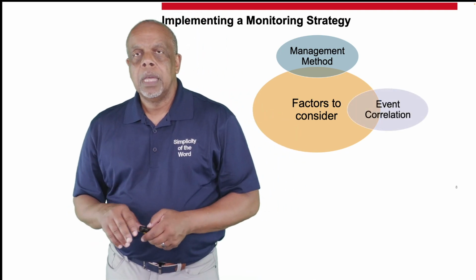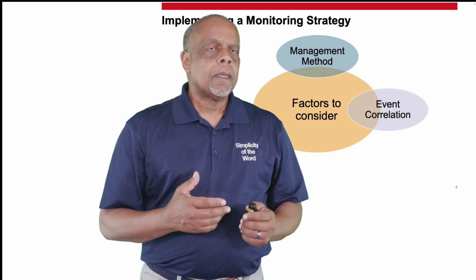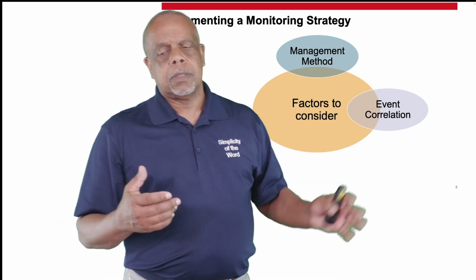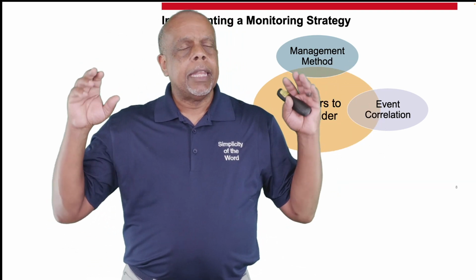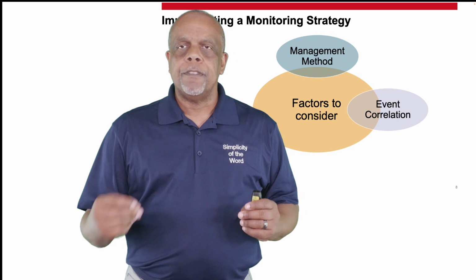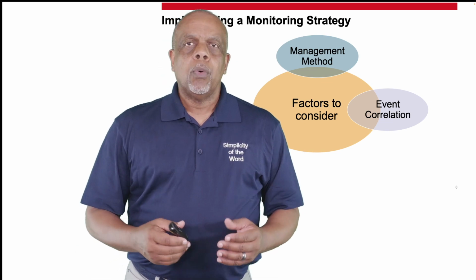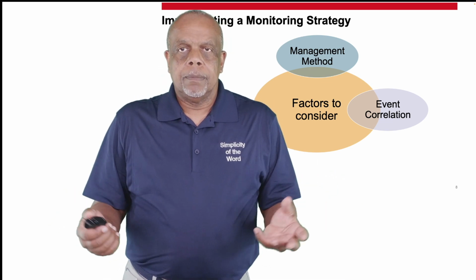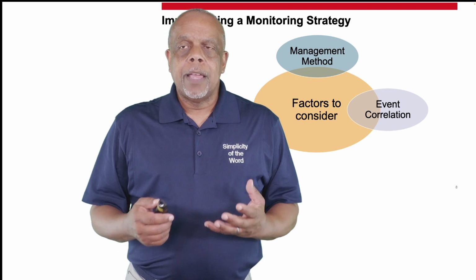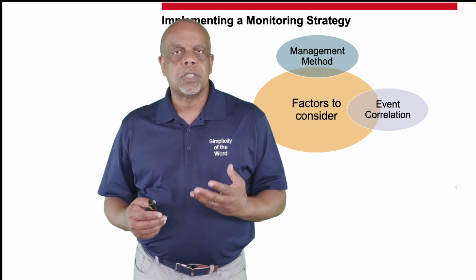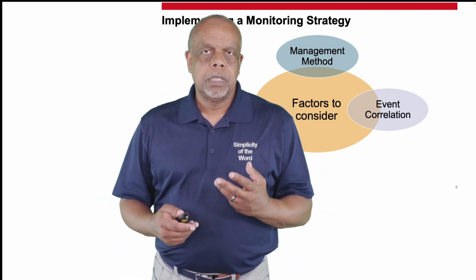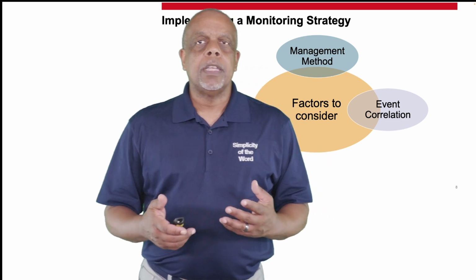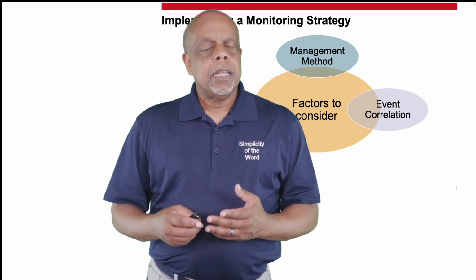Second thing, event correlation. Okay. So I've got these sensors all over the place, and it is popping events left and right. What are you going to do with all that data? You got to have some way of correlating those events to make it meaningful. Otherwise, all you have is a lot of data and nothing to do with it.